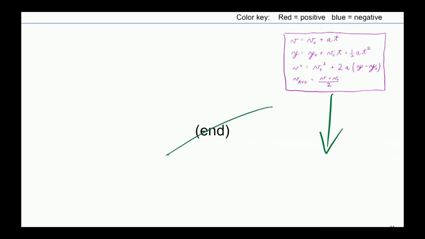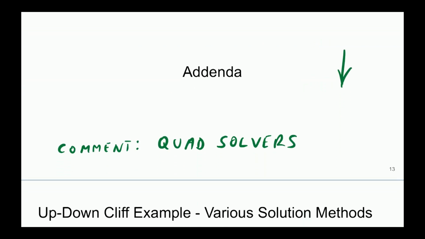Okay, and let's go now, we have a minute left here, let's go now to talking about how to solve the up-down cliff problem that was presented earlier. I will use a quad solver to calculate the roots of the quadratic equation. Often you're going to have to do this.